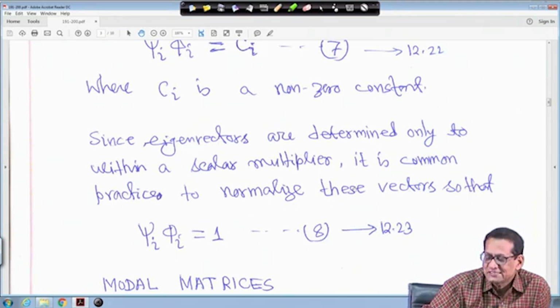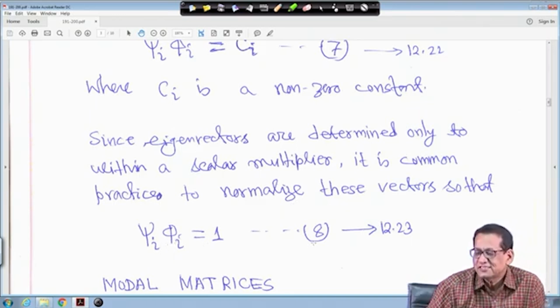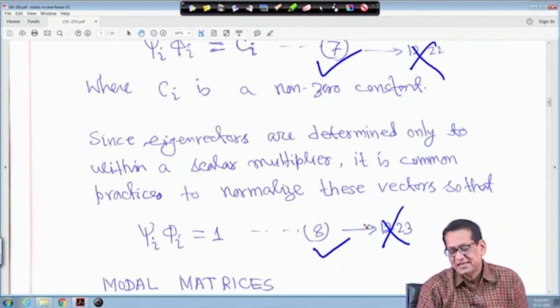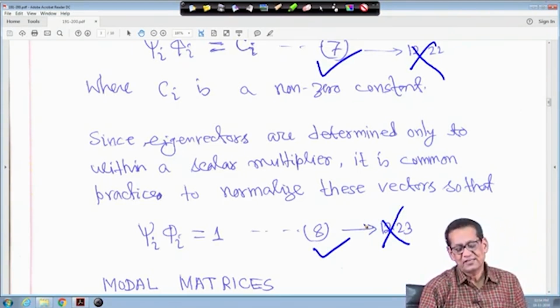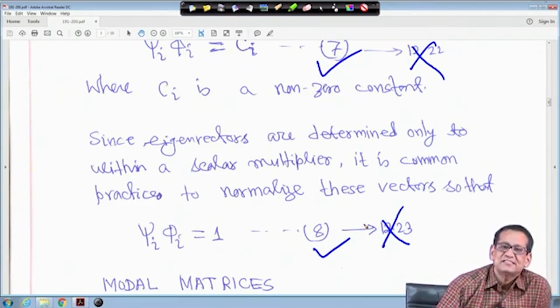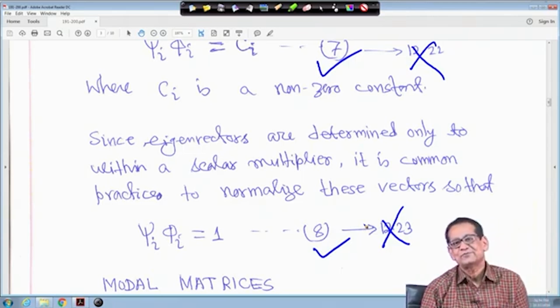This is equation 8. These are the preliminary things before entering into the eigenvalue analysis.